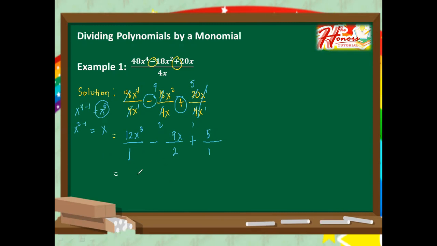Just remove 1 and nothing will change. 12x cubed. And then copy this. So minus 9x over 2 plus 5 over 1. Remove 1 to make it a whole number. So plus 5. And this is the final answer.